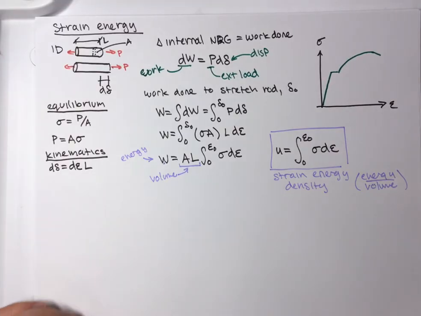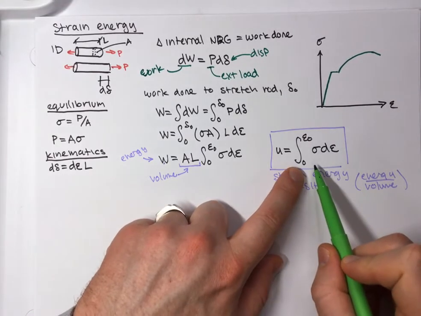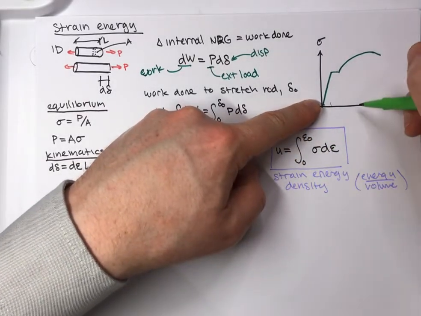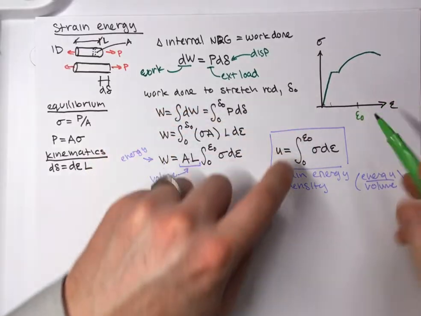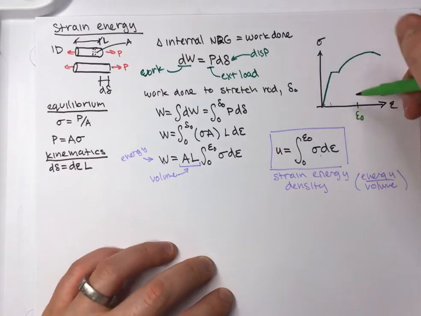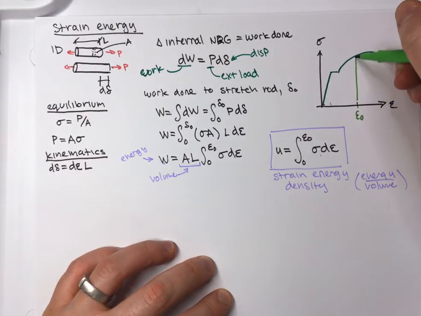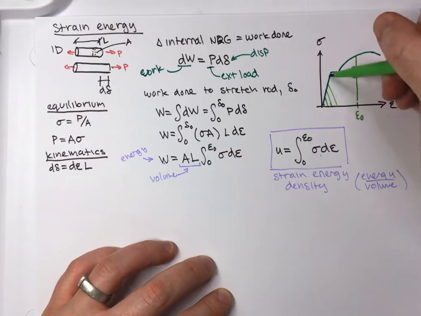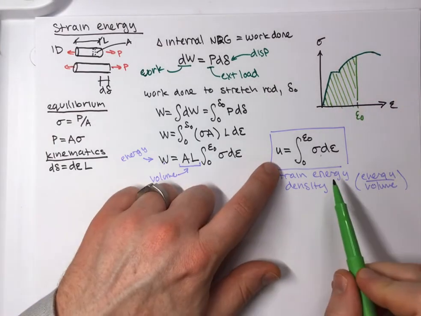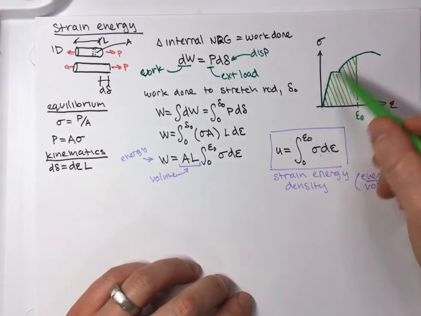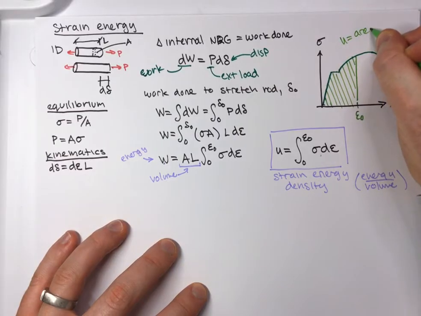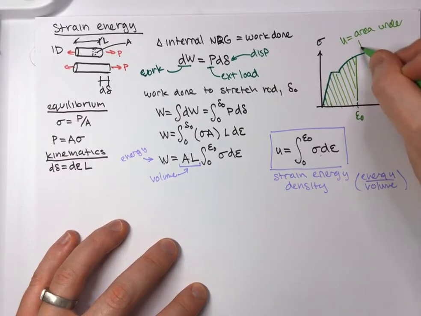And what this strain energy density is saying, okay, we integrate from 0, which would be here, to some strain, let's call it here, that would be epsilon naught, the stress as a function of epsilon. So if we integrate our curve, we're going to get the area here. And so when we talk about strain energy density, all we're really talking about is the area underneath the curve. So U is equal to the area under the curve.